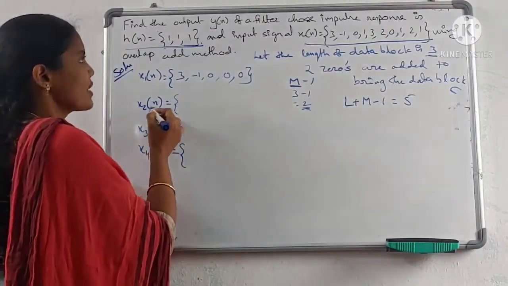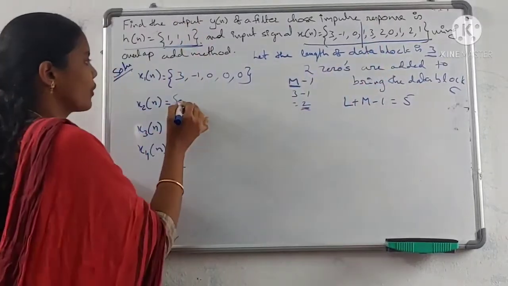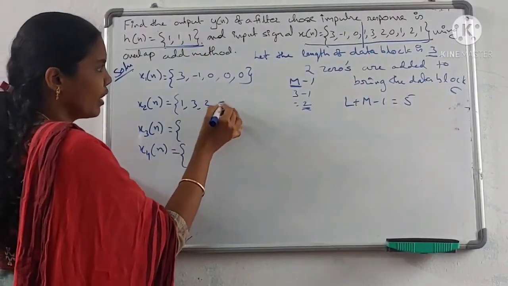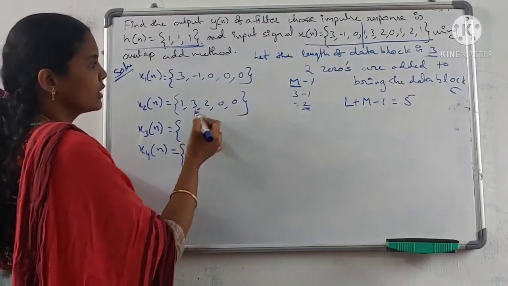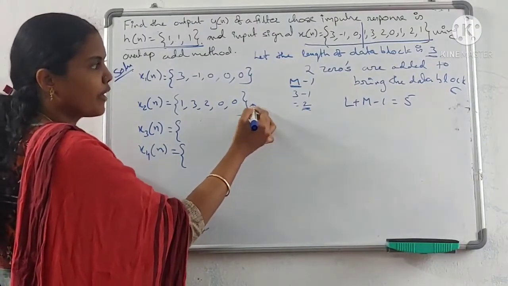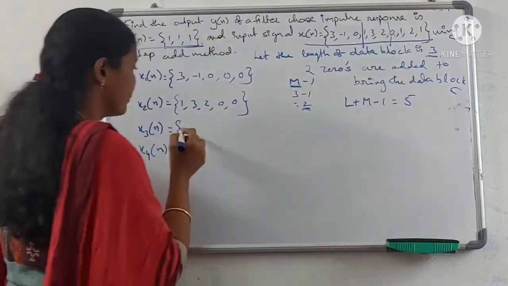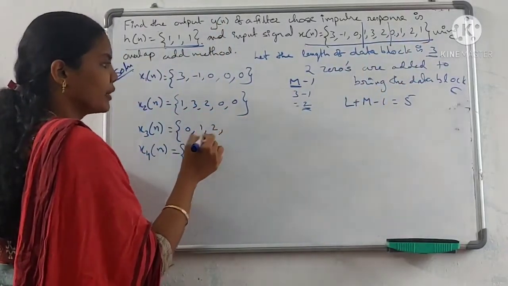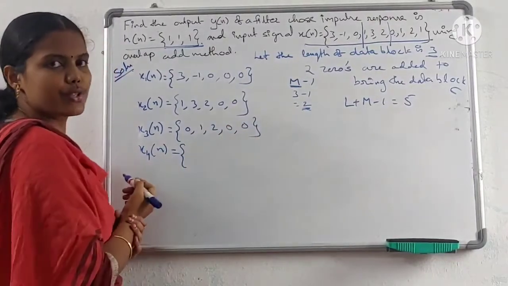So x2 of n: after this, 1, 3, 2. Again you have to add 2 zeros. Now the size of each block is 5. After this, 0, 1, 2. Again you have to add 2 zeros.